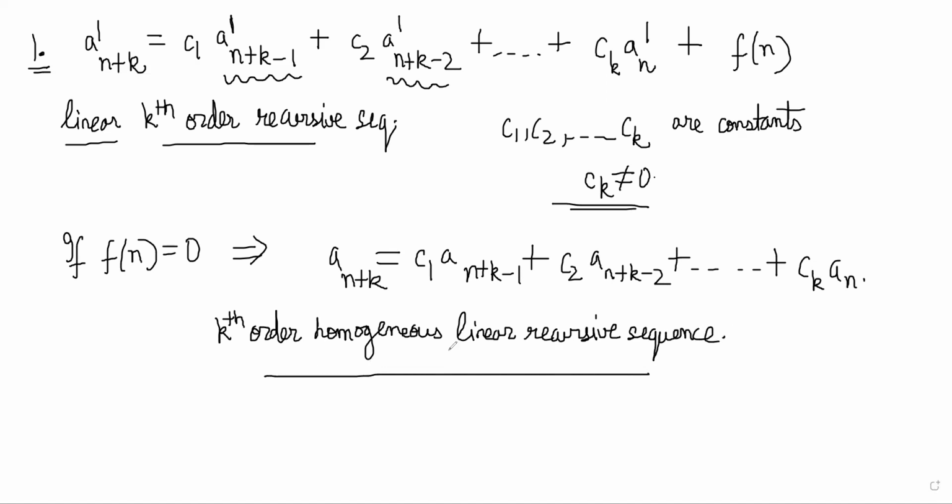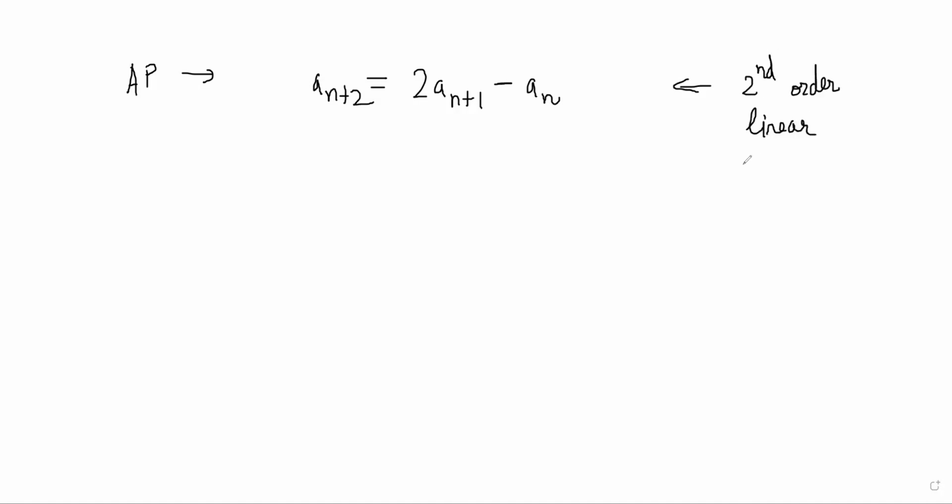Now, if you take some examples, let's say an AP, any arithmetic progression will satisfy this relation: a_{n+2} is equal to twice of a_{n+1} minus a_n. So this is a second order linear homogeneous recursive sequence.